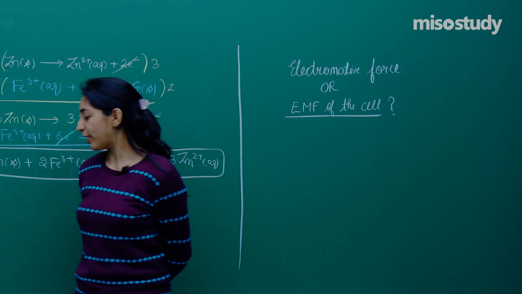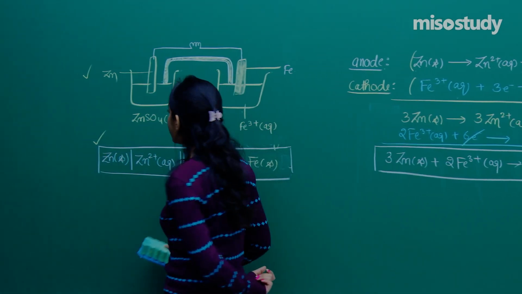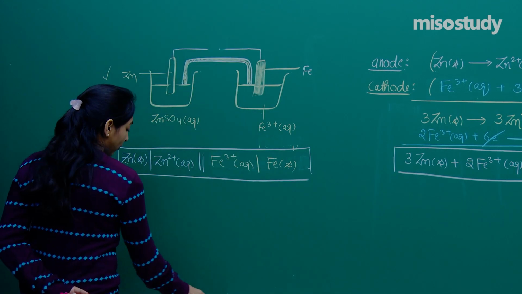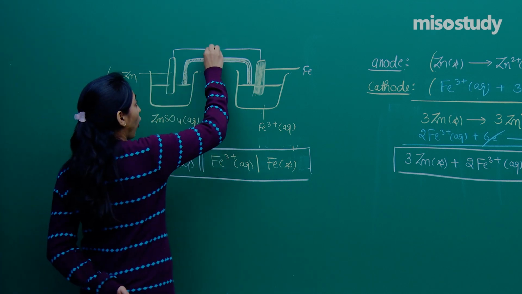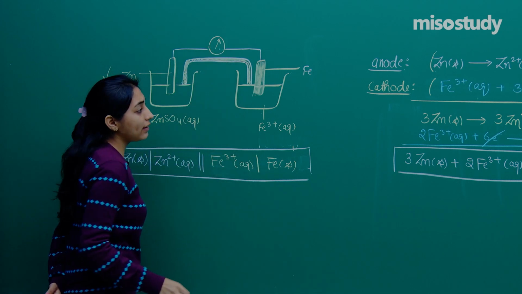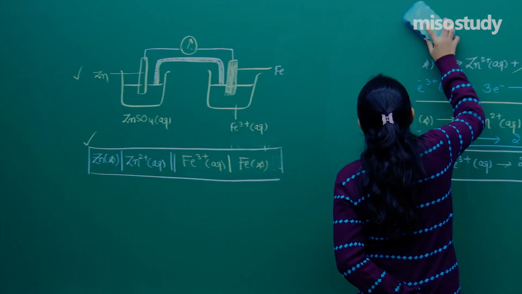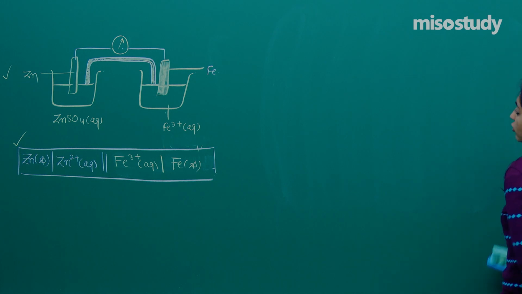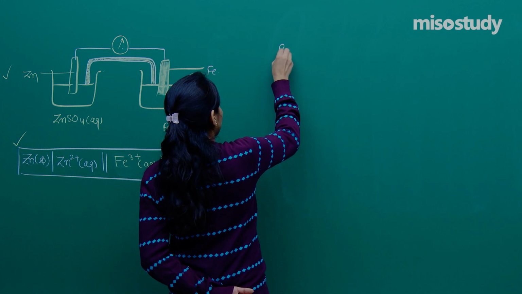Listen to me very, very carefully. If I am asking you to come to this particular electrochemical cell, suppose I am taking a bulb, now I replace the bulb with the help of a potentiometer. You know, right, what is a potentiometer? So there is an ammeter, there is a voltmeter or a potentiometer. It is just used to measure the potential difference.